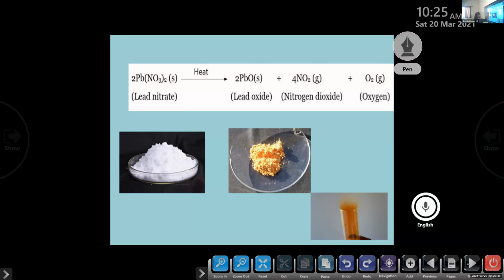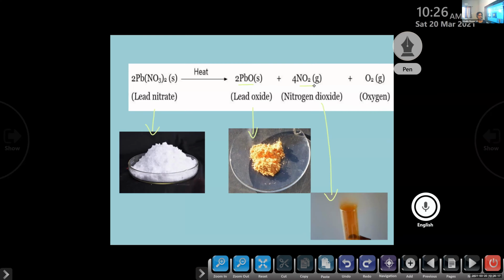This lead nitrate is white in color and it changes to a light orange color, and this nitrogen dioxide is the brown fumes. So this is the reaction that takes place when we heat lead nitrate. Pb(NO3)2 is the chemical formula of lead nitrate. The lead oxide is PbO. NO2 is the formula of nitrogen dioxide.